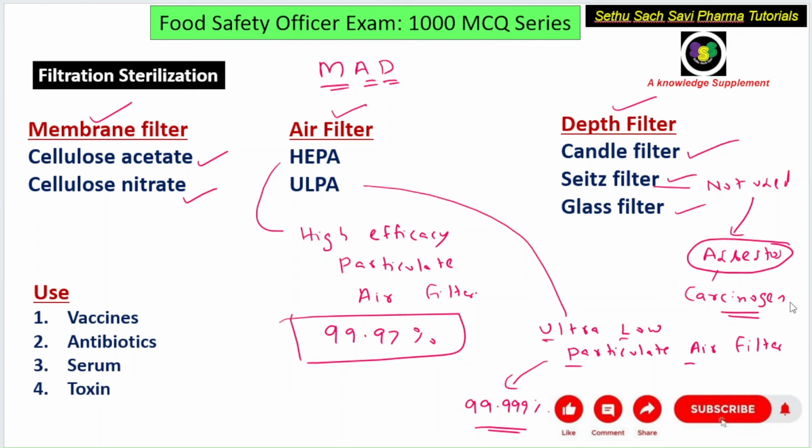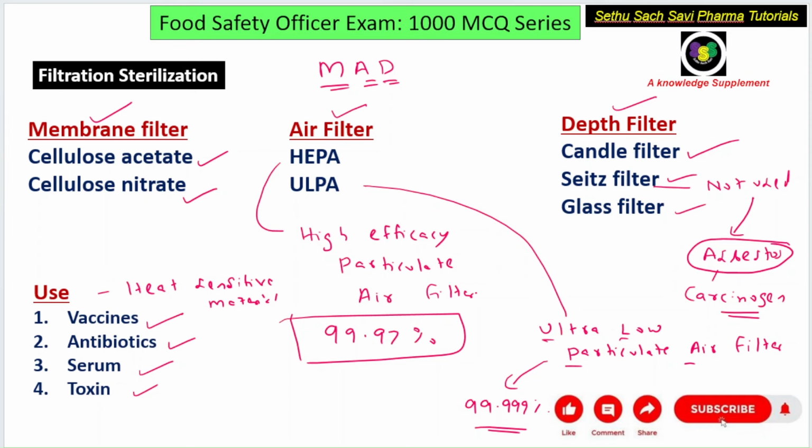Normally, filtration sterilization is used to sterilize heat sensitive materials. If a compound is heat sensitive and you need to make it sterile, it is better to do filtration sterilization. Normally the vaccines, antibiotics, serum, and toxins are sterilized using filtration sterilization. Membrane filters or depth filters are used.